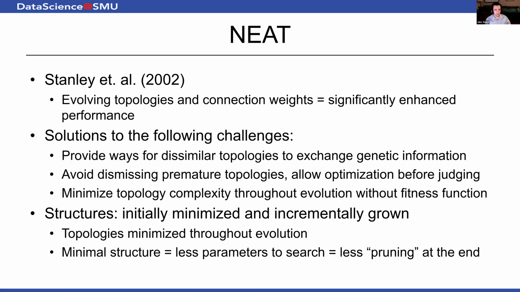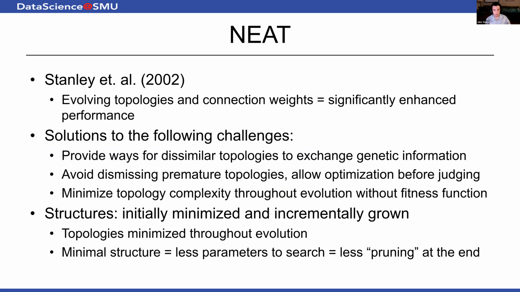In 2002, Stanley et al. published Evolving Neural Networks Through Augmenting Topologies, which introduced the concept of neurological topology evolution. They found that evolving both the topologies and connection weights of these networks significantly enhanced their performance.